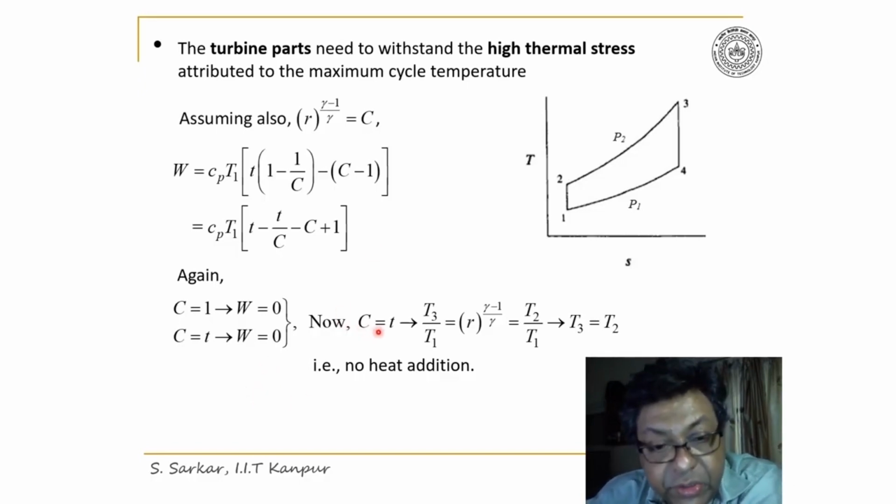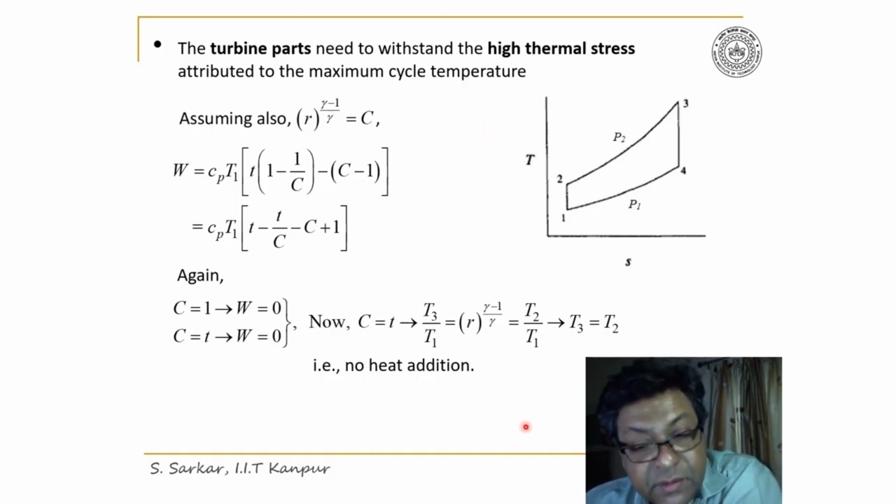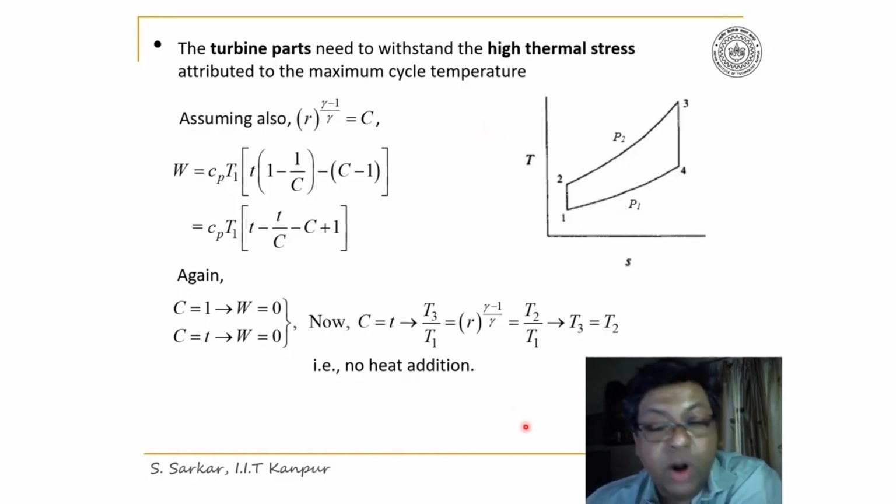Now when C is equal to t, that leads to T3 by T1 is equal to R to the power gamma minus 1 by gamma, that is equal to T2 by T1. So we can prove T3 by T1 is equal to T2 by T1. That means T3 is equal to T2. If T3 is equal to T2, that means no heat is added to the cycle. That's why work output is 0.